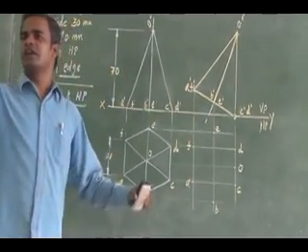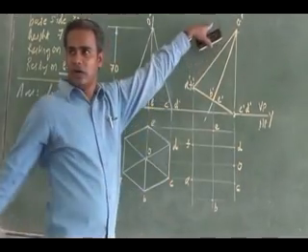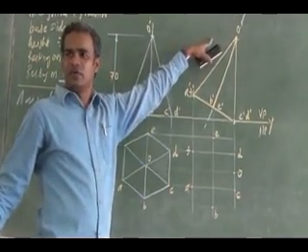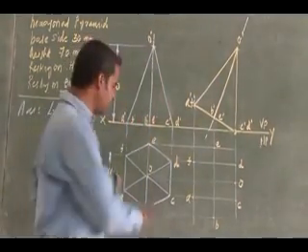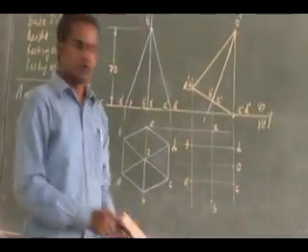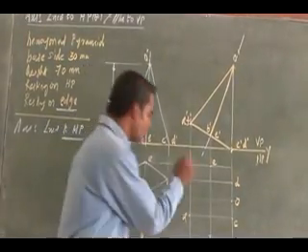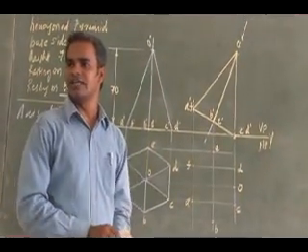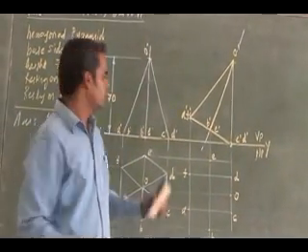Listen, then you draw it. See here, I have tilted the front view. I have then extended projectors from the final front view and the previous top view, a horizontal projector. From that I can get the final top view points of all the corners, including the apex also. Now you see.